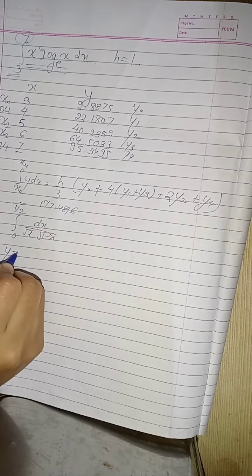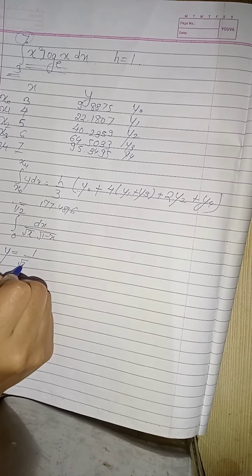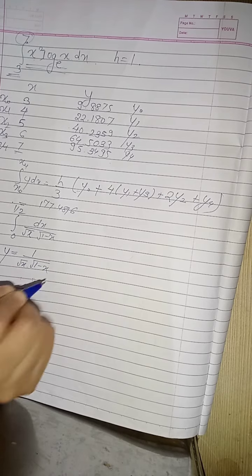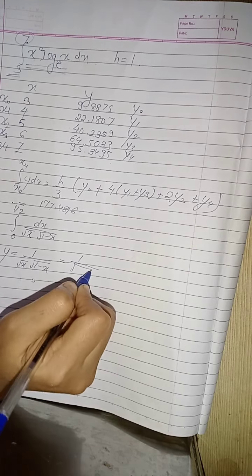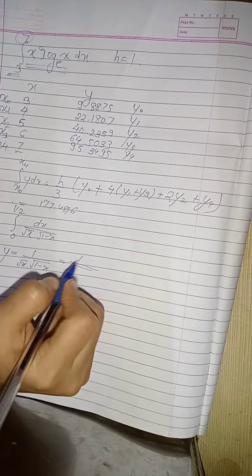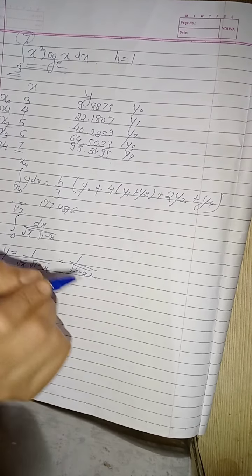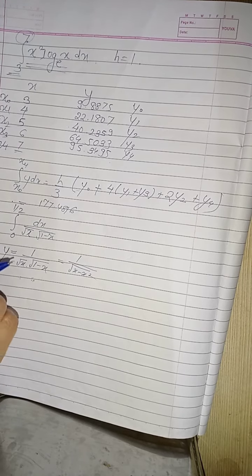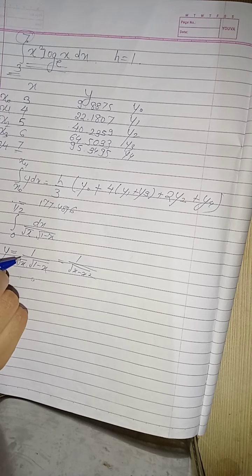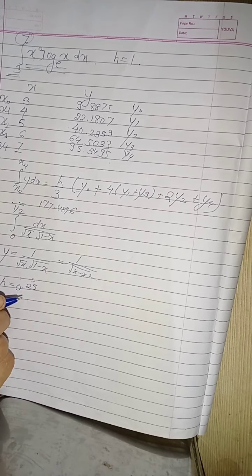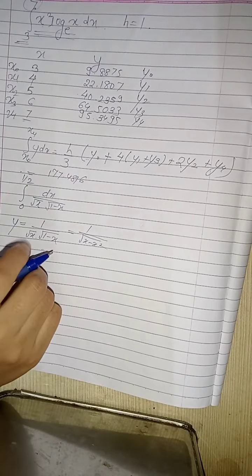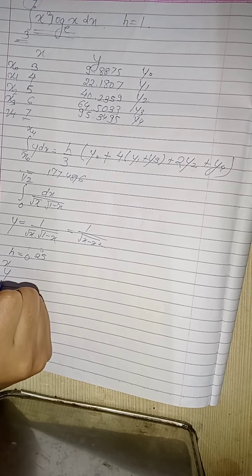Here the value of y is nothing but 1 upon square root of x into square root of 1 minus x. Solving this, you can simplify it to 1 upon square root of x minus x square. Here you have the liberty to take any value of h as per your choice. So now h equals 0.25. If we take h equals 0.25, then you have to calculate the values of x and y.